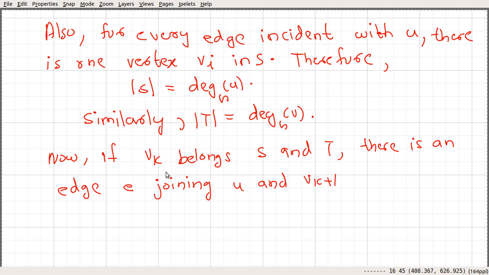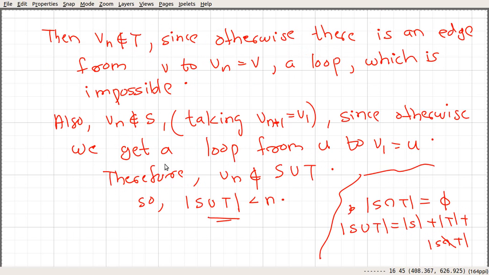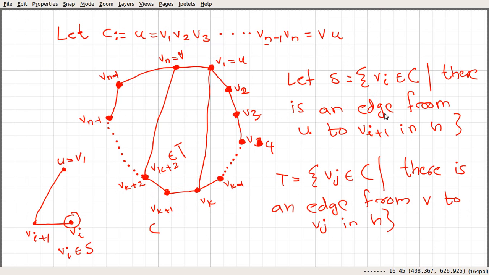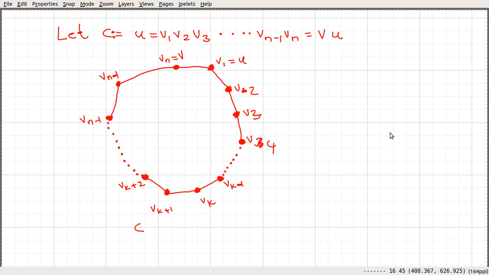If this Vk belongs to S, by definition of S it means there is an edge from U to Vk plus 1. So the situation is something like this: there is an edge from this V1 to Vk plus 1, so there is an edge from U to Vk plus 1, and let's call that edge E.